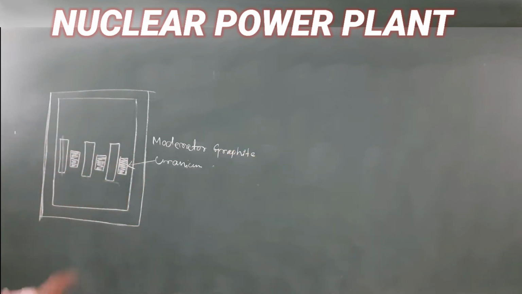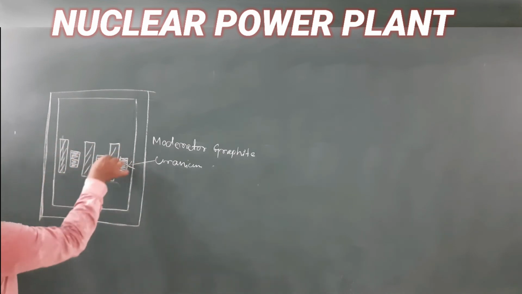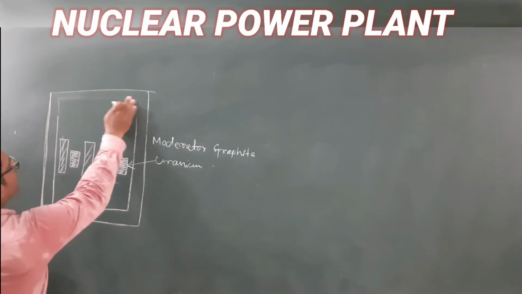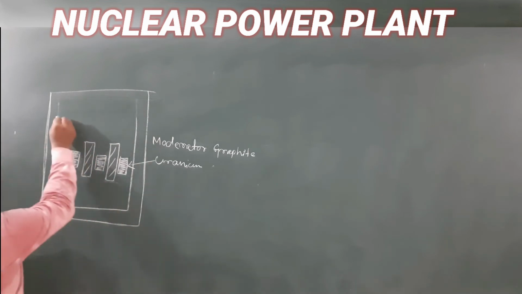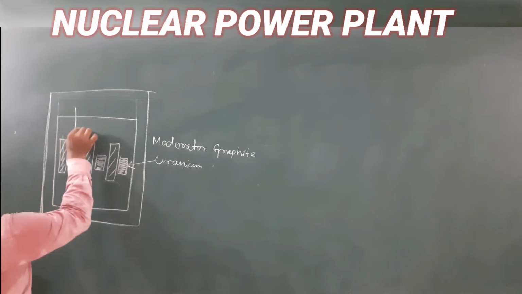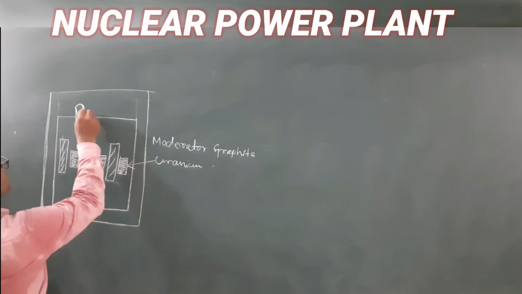Okay, so what happens here when the reaction takes place? These are the graphite, and in between that, a rod-like structure is there.